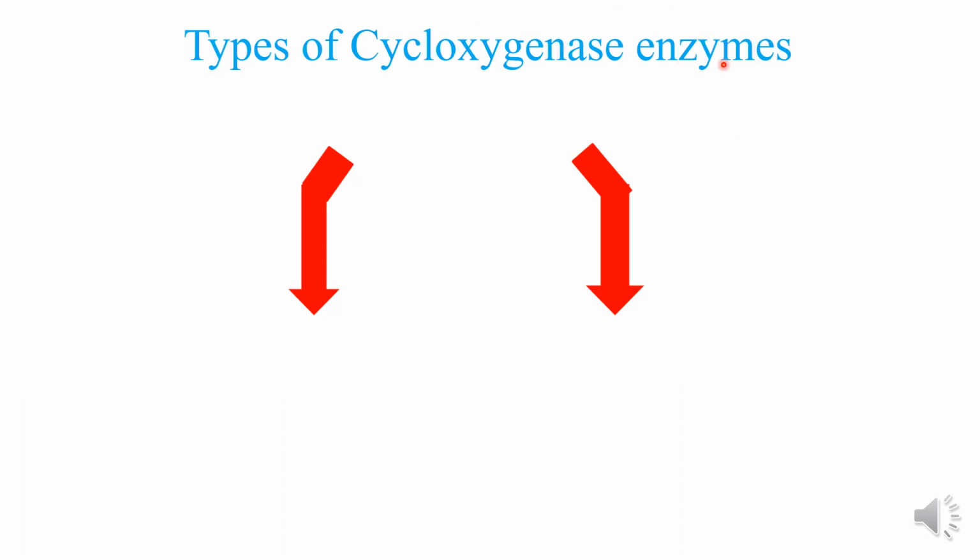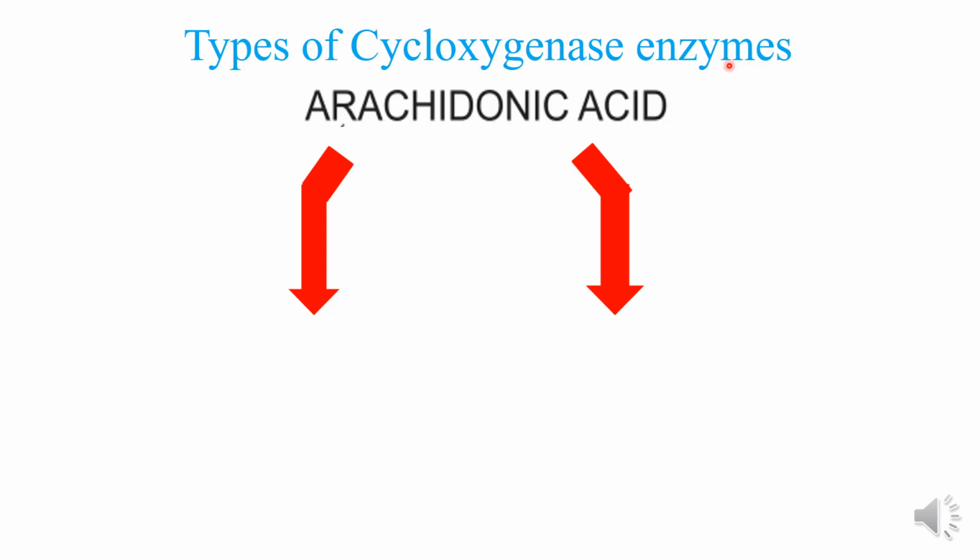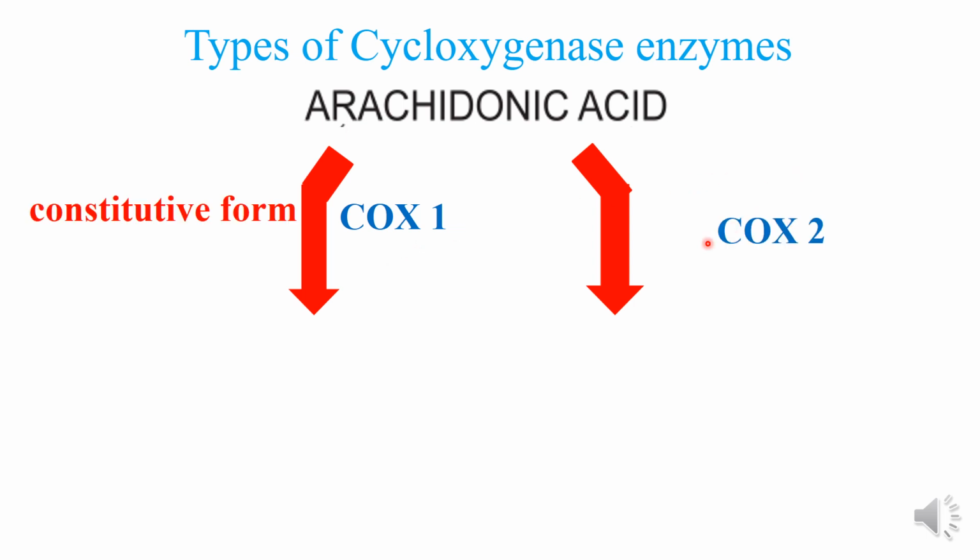So, types of cyclooxygenase enzymes. Cyclooxygenase enzymes are those that act on arachidonic acid to produce different prostaglandins. They are of two types, COX-1 and COX-2. The COX-1 is a constitutive enzyme, which means it is not under regulation and it is always expressed, whereas the COX-2 is an inducible form and it undergoes regulation.